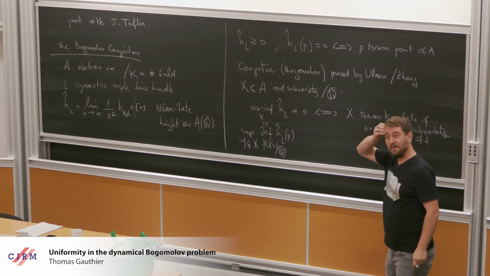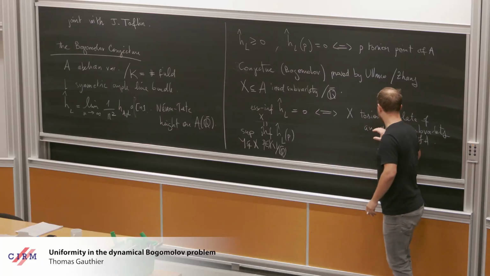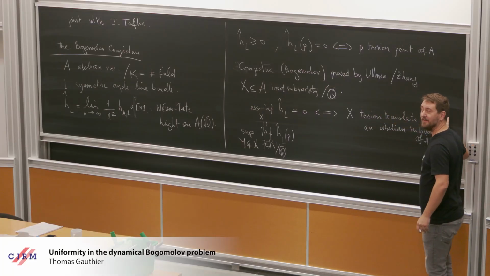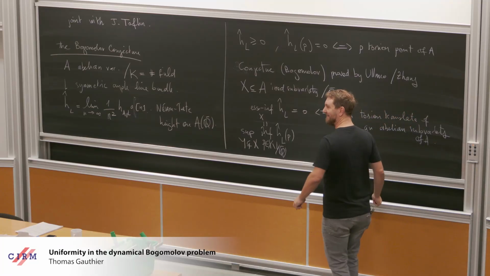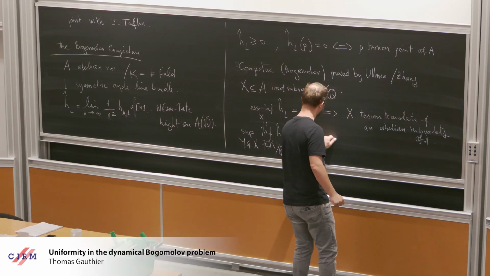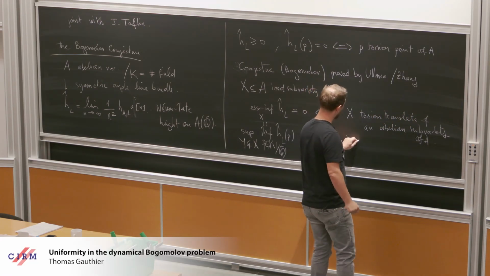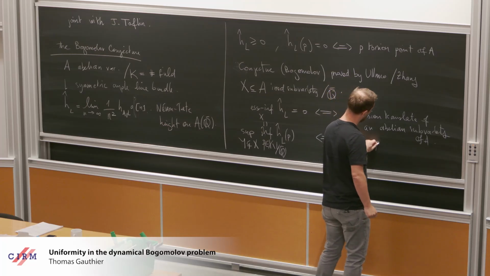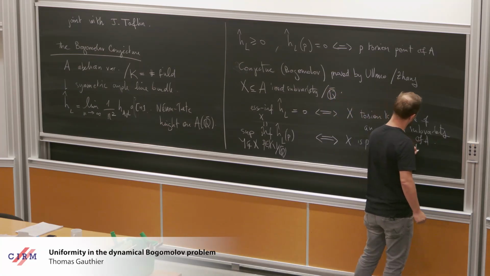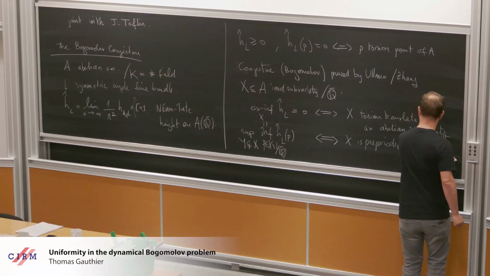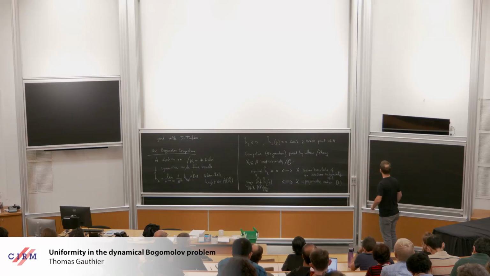So the perspective of my talk is to do dynamics, and this doesn't really tell you anything about dynamics. So let's formulate it in a dynamical way. It means that X is preperiodic under multiplication by 2, for example. So what do I mean by that?